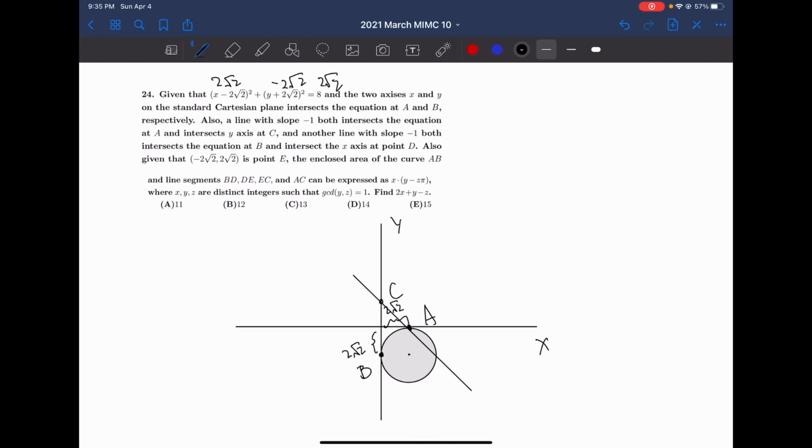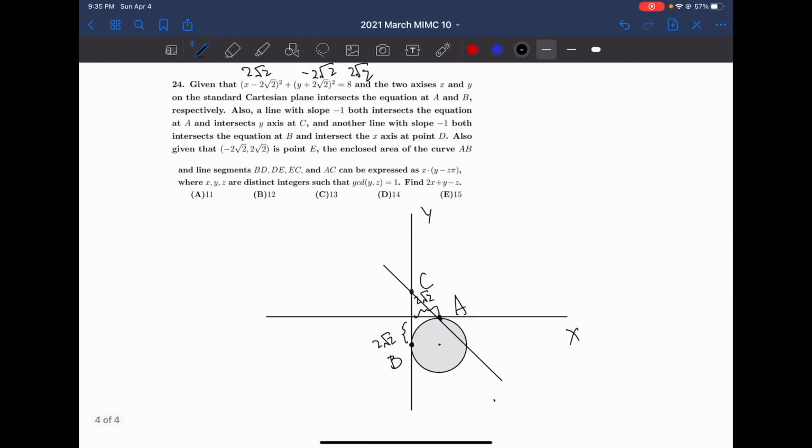And that point is C. And another line with slope -1 intersects the equation at B and intersects the x-axis at point D. So let's try to draw that out as well. They're parallel, notice, because both of their slopes are -1.